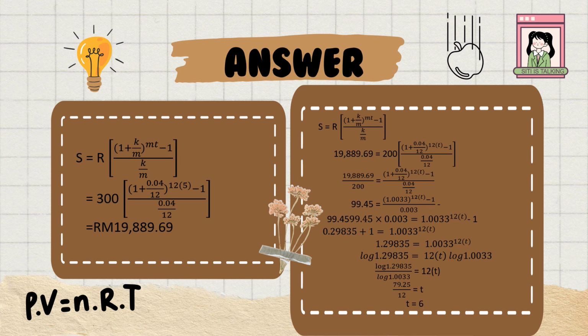Then move 200 to the front, so it will become 19,889.69 over 200 equal to open bracket 1 plus 0.04 over 12 close bracket to the power of 12 multiply T. The answer should be 99.45 equal to open bracket 1.0033 close bracket to the power of 12 multiply T, then minus 1 and divide by 0.003.